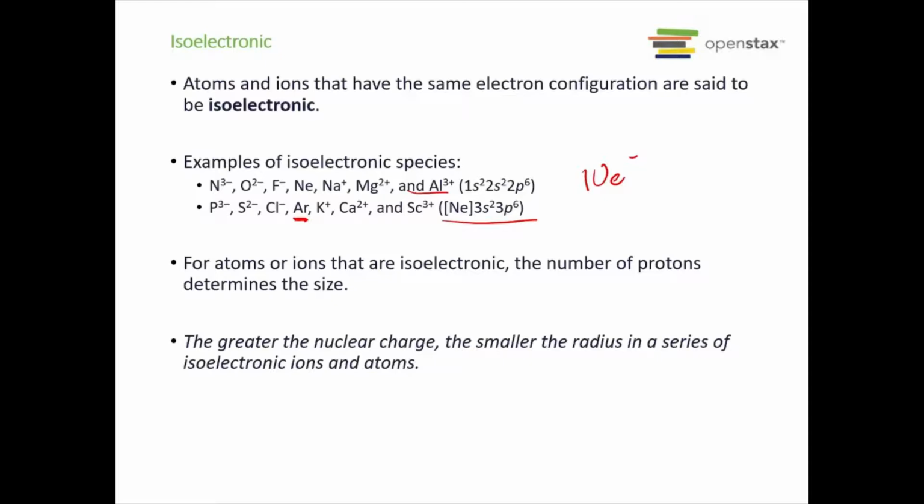So what really is going to determine the size of the overall atom or ion when they're isoelectronic is the number of protons. So what this all comes down to is the higher the nuclear charge, the smaller the radius for a series of isoelectronic ions and atoms.